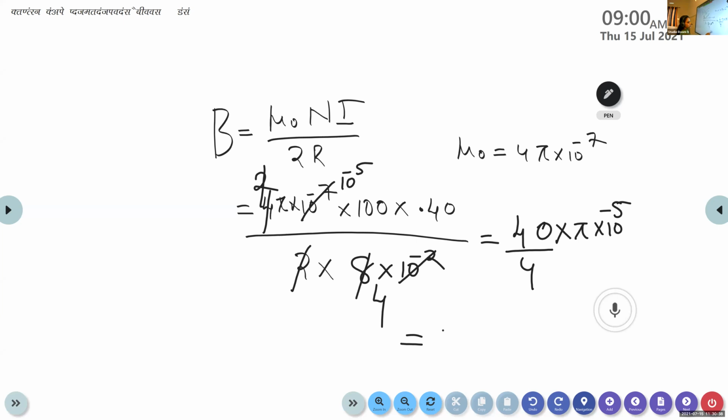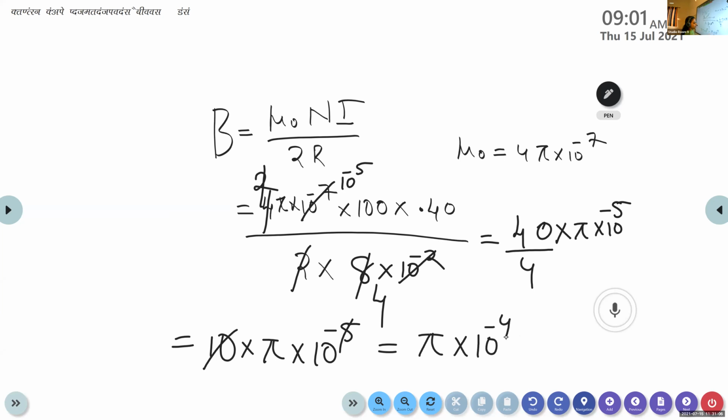So we get 40 by 4, 10, so 10 into pi into 10 raised to minus 5. And here we can take this 10, so it becomes pi into 10 raised to minus 4.